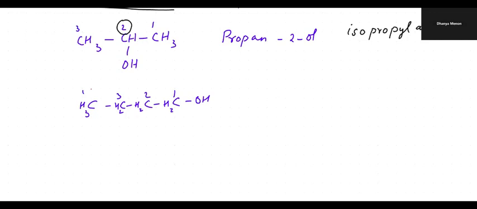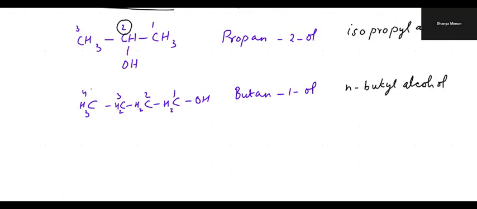So I have butane-1-ol. Right? There's no double or triple bond. So butane-1-ol. Right. Now coming to the common name, normal butyl alcohol, because it's a straight chain.